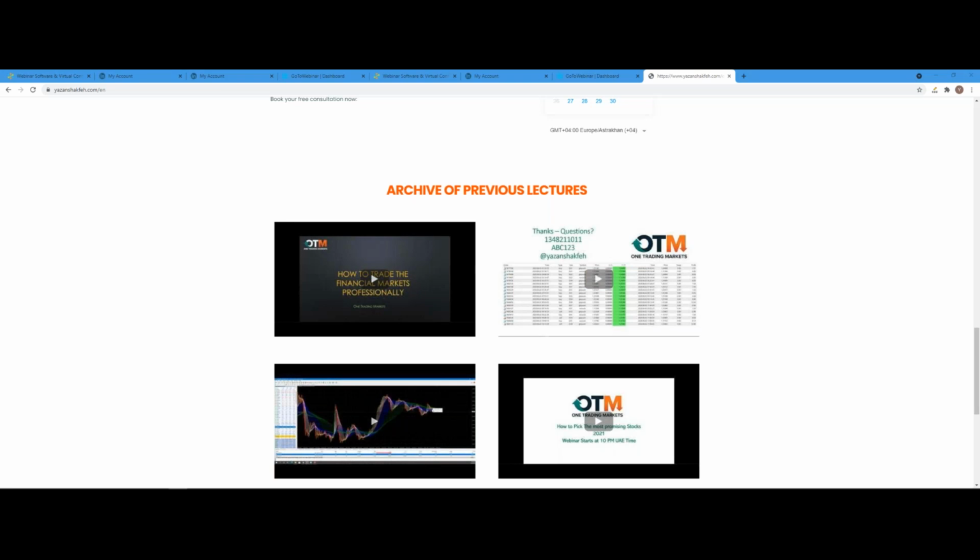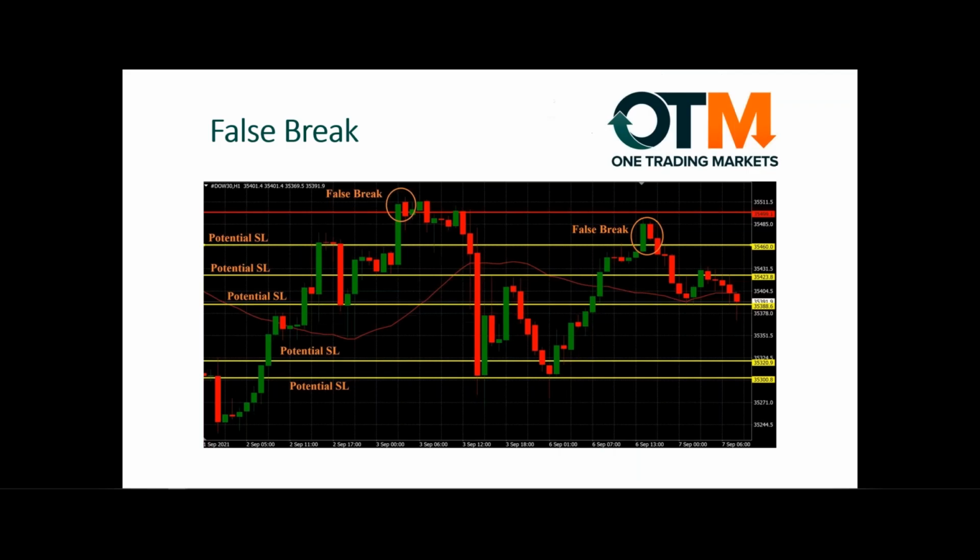Usually we say surpassing the resistance is a bullish sign, that the market will go higher and higher, and breaking the support is an indicator that the market is bearish or there is an expectation of decline.